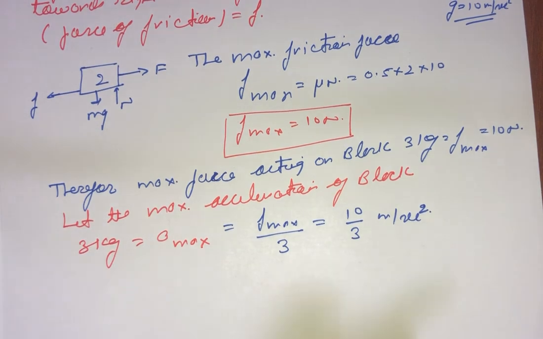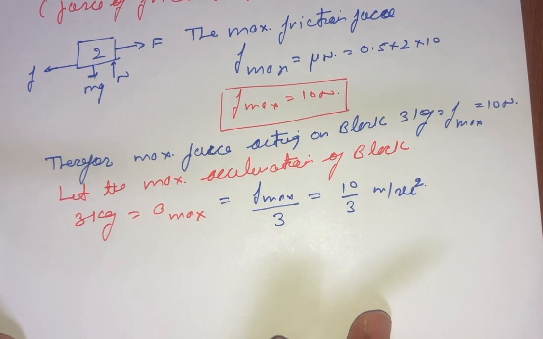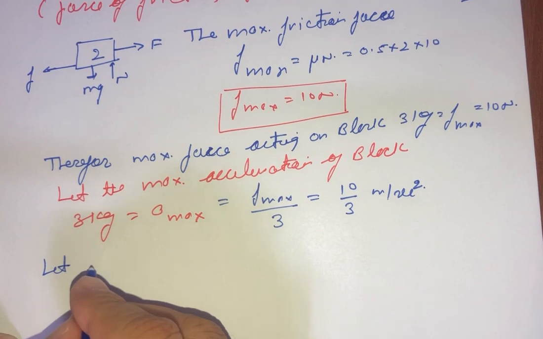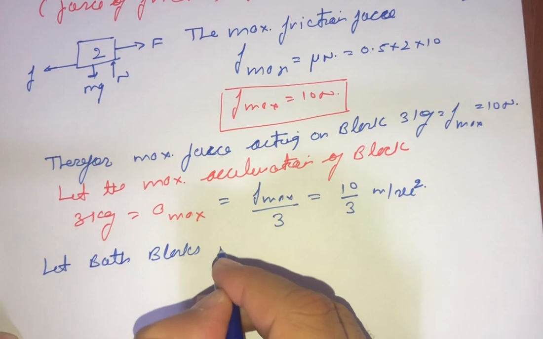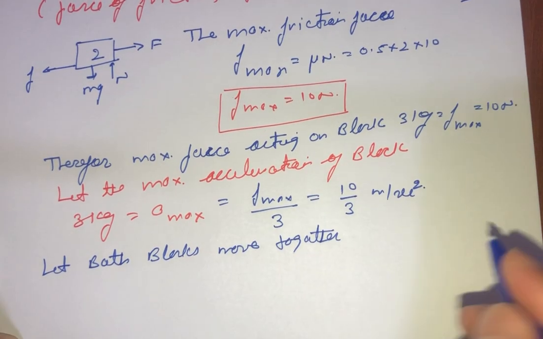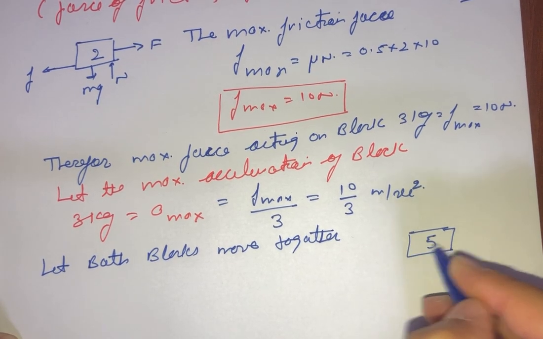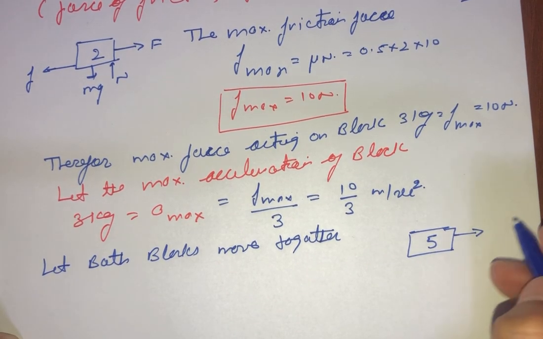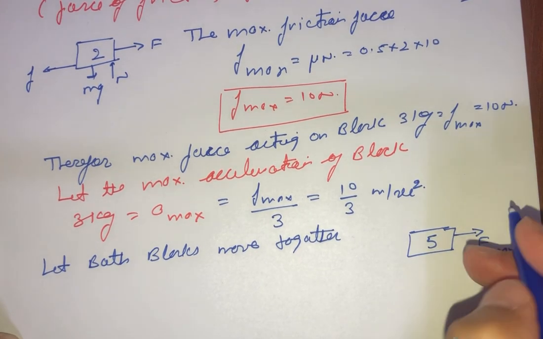Okay. Now we assume that both blocks are moving together. Let both blocks move together. If both blocks move together, the total mass will now be 5, and let us suppose F is the maximum force with which it is pulled towards the right direction.